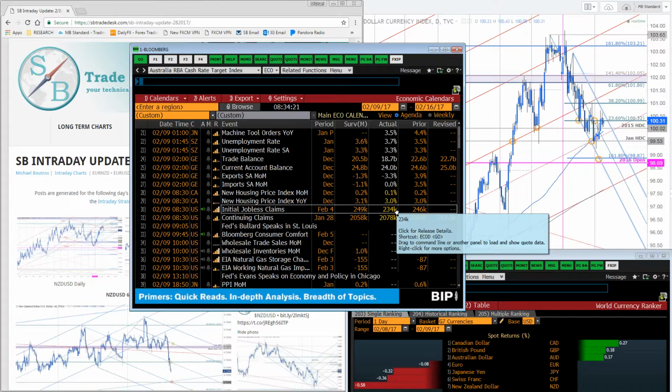Fostering maximum employment and price stability, which is inflation. So employment's pretty much there. And we did even see an uptick in the labor force participation, which is a welcome improvement in the labor market conditions. So Graham, weekly initial jobless claims reports are becoming less and less significant. It hardly makes a blip on the market.